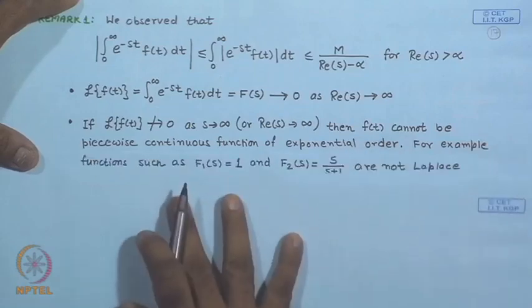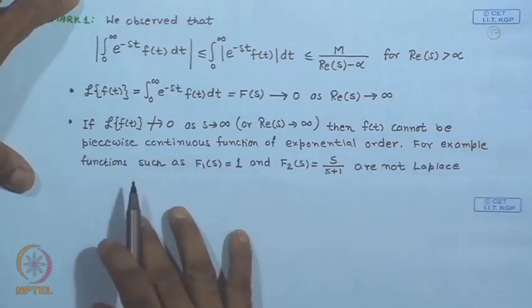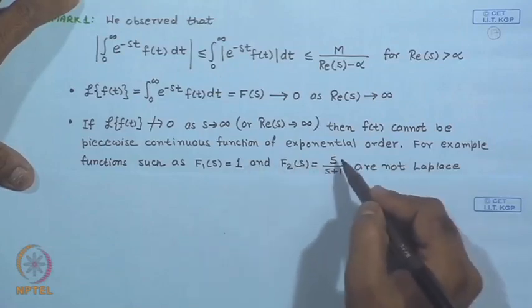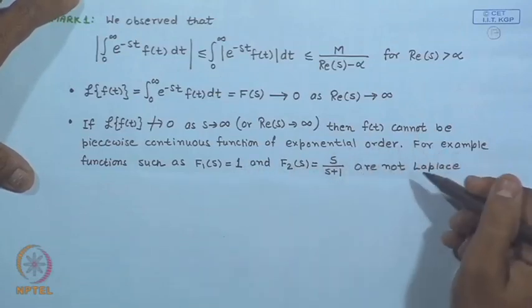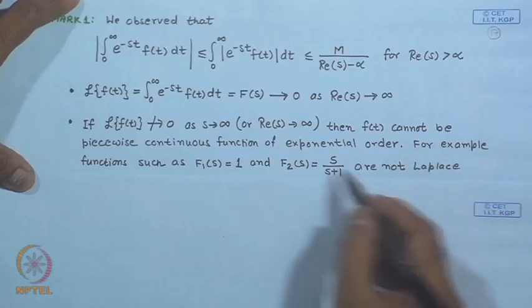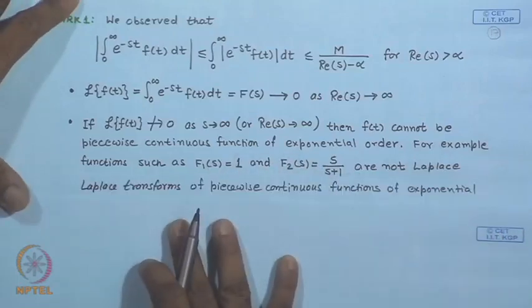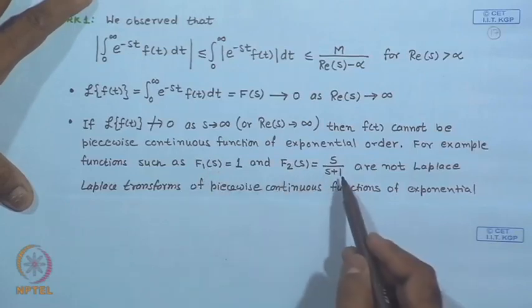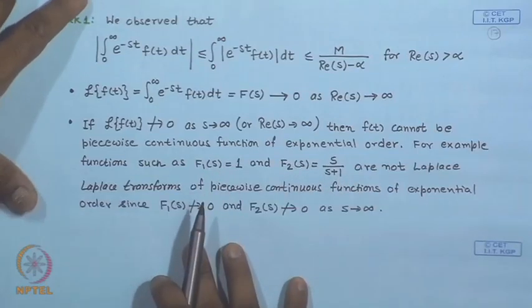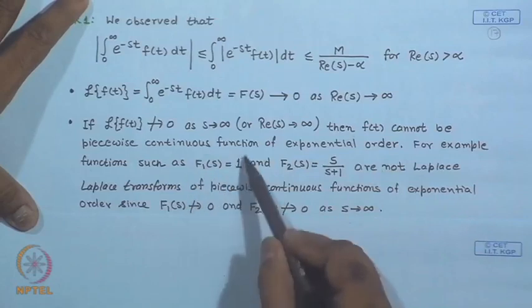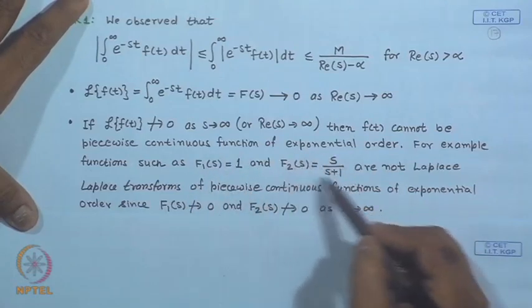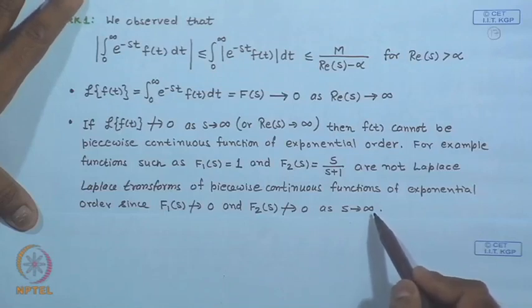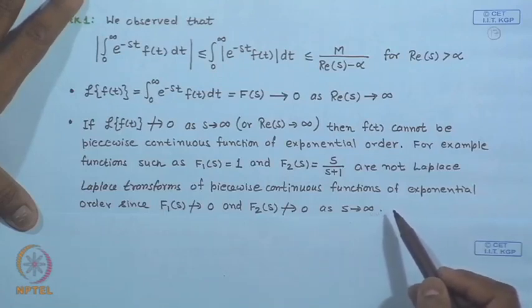For example, if we consider these functions, F 1 s is equal to 1 and F 2 s is equal to s over s plus 1, they are not Laplace transforms of piecewise continuous functions of exponential order, because F 1 s does not go to 0 and F 2 s does not go to 0 as s approaches infinity.